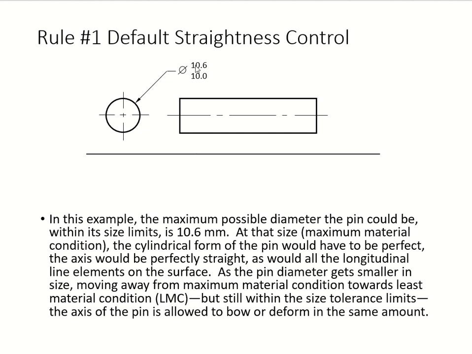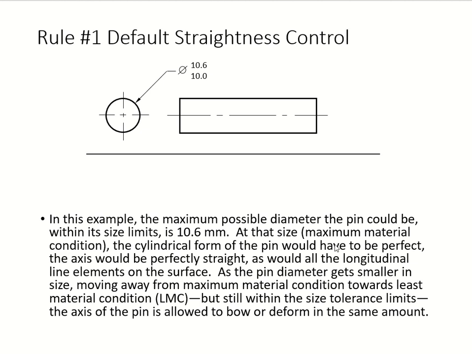So what it's saying is, if you go MMC, then we're going to have a perfect cylinder form, because we're dealing with a pin, and it's going to be perfect because you're dealing with the 10.6 maximum, and you have your external part right there. Therefore, for most material to be left, you have to choose the upper limit.